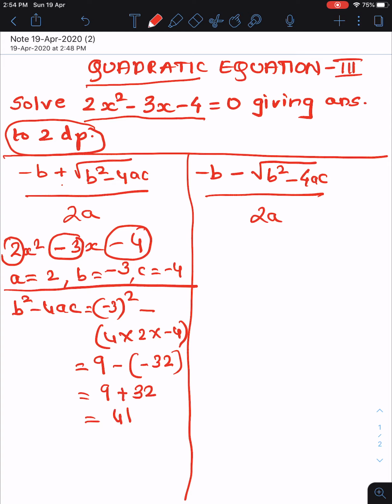I get 41. Now I find out the square root of b square minus 4ac, because in our formula we have it like this. So I get square root of 41, which gives me around 6.403.